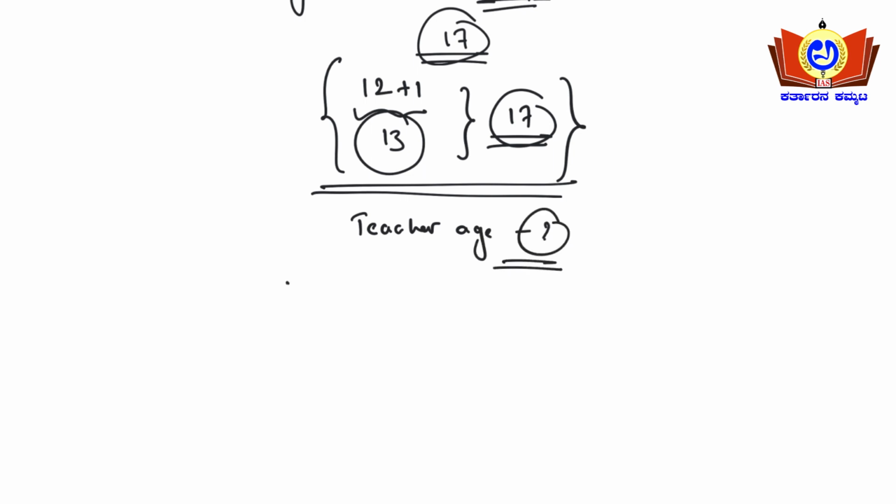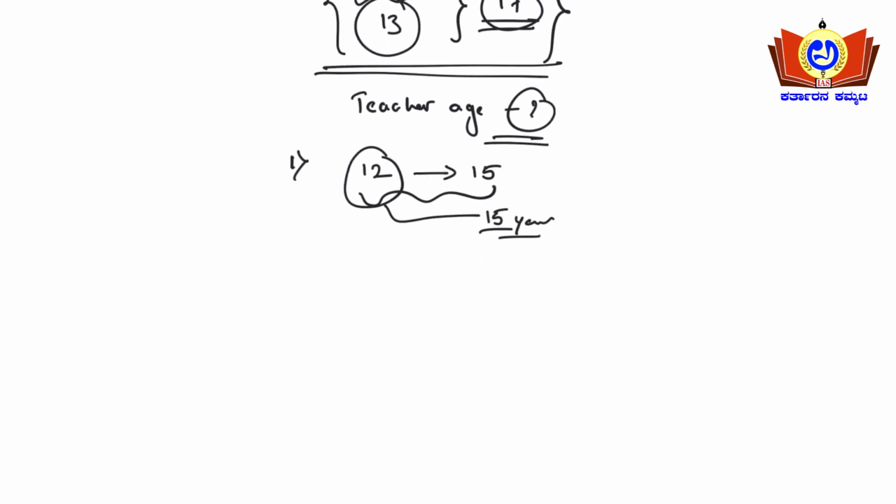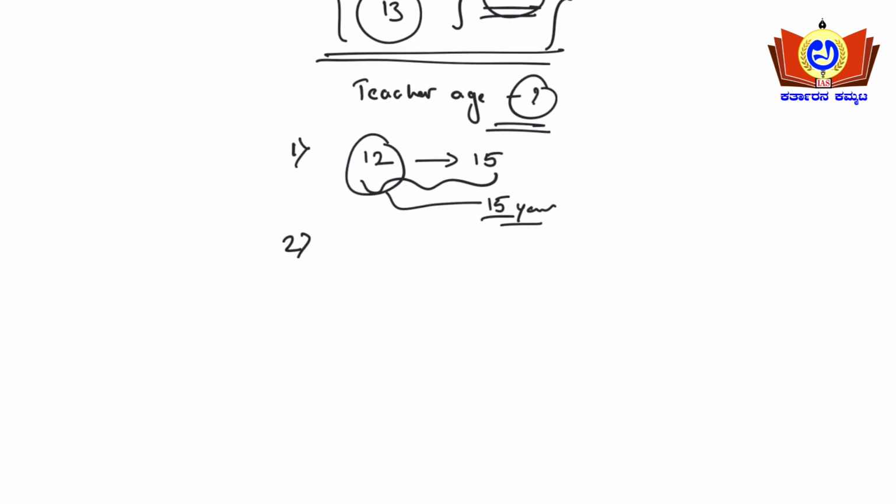See here, initially in the first condition, how many students were there? 12 students, and the average was 15 years. By the concept of equal distribution, each student has the age of 15 years. In the second statement, when the teacher joins the group, the count becomes 12 plus 1, that is 13.